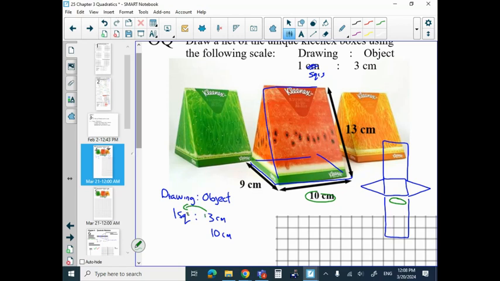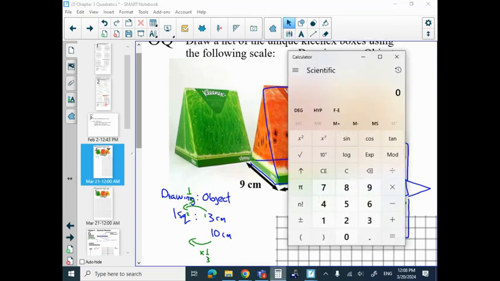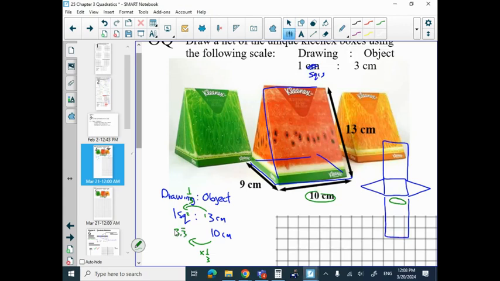So second divided by first in this case would be 1 divided by 3, right? So we're multiplying by 1 over 3, which is the same thing as dividing by 3. So we just divide 10 by 3, we get 3.33333, right? So we're looking to have this side be 3.3 repeated squares, basically wide.